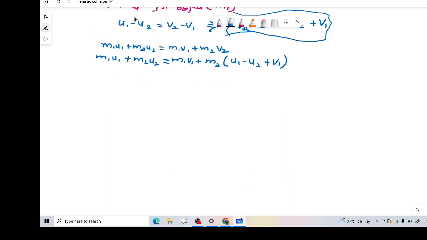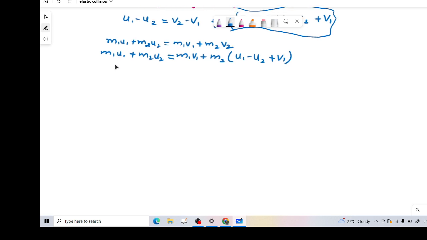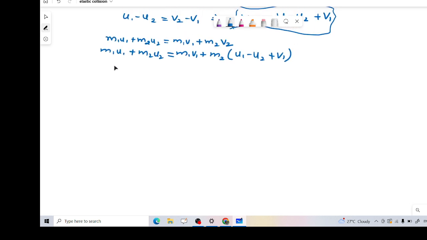Now it is only mathematical equations, because we need to find only the value of v1. I will keep the LHS as it is, m1 u1 plus m2 u2. On the RHS, m1 v1 stays, and m2 is multiplied to u1, so this becomes m2 u1 minus m2 u2 plus m2 v1.